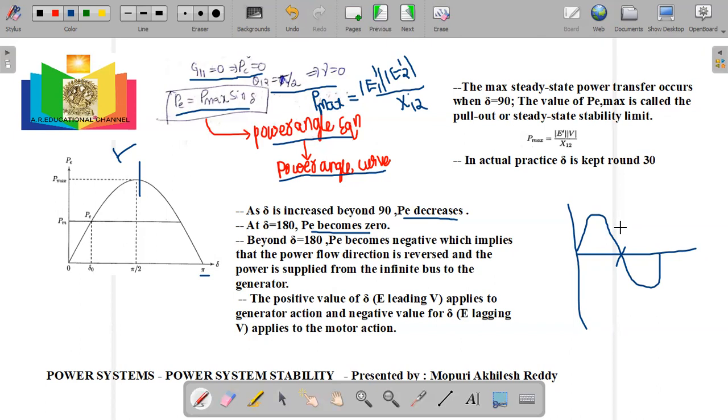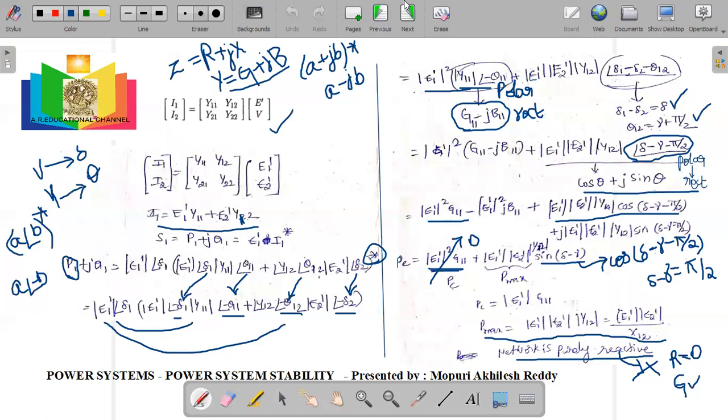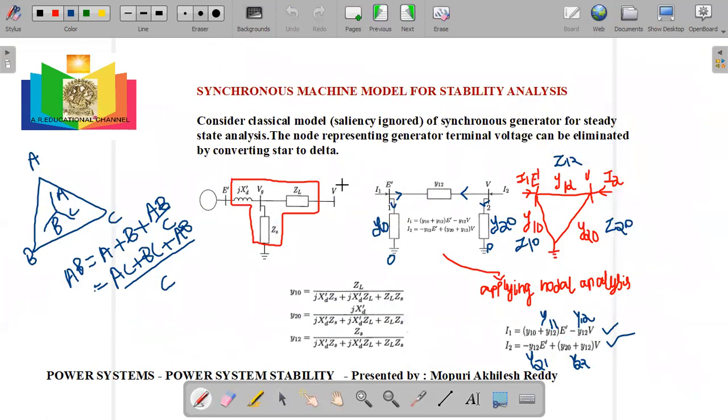When PE is positive, power is given to the grid. If this is the motor, and suppose this is the infinite grid, then power will be given to the grid when PE is positive; the generator will be producing real power to the grid. So when del is from 0 to 180 degrees, power is given to the grid.